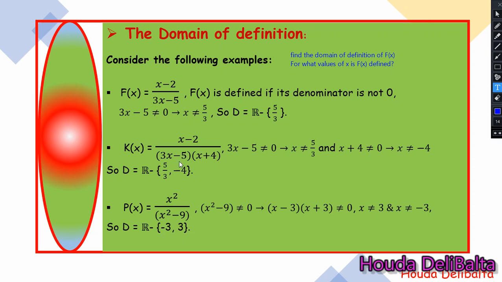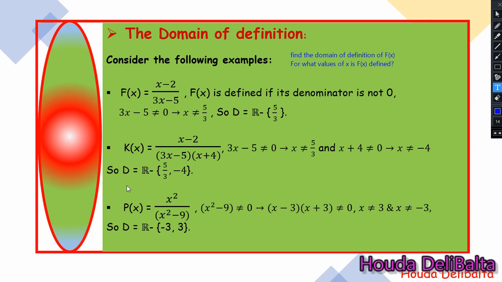Here is another example. K of x equals x minus 2 over (3x minus 5)(x plus 4). Note here you have two factors in the denominator, so all what I have to do is to take each factor alone. 3x minus 5 must not be 0. Then x must not be 5 over 3, and also another condition, x plus 4 must not be 0, so x must not be minus 4.